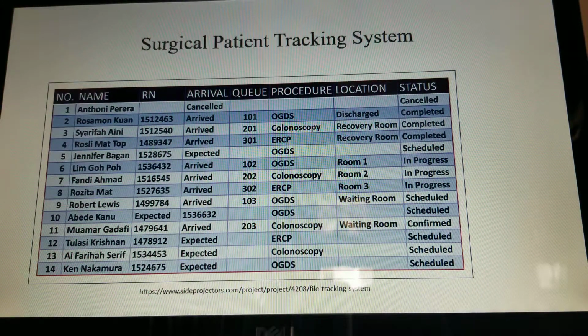The patient's number will then be displayed on a monitor system for the family to track where the patient is at all times, such as in pre-op, anesthesia, active surgery, or post-op or recovery. This allows the patient's family to be prepared to care for their loved one after the procedure is complete.